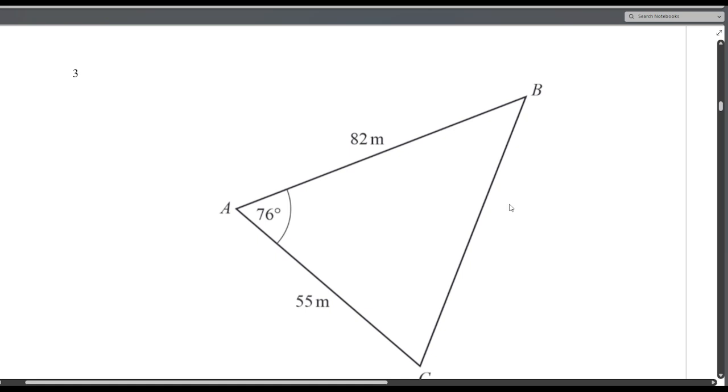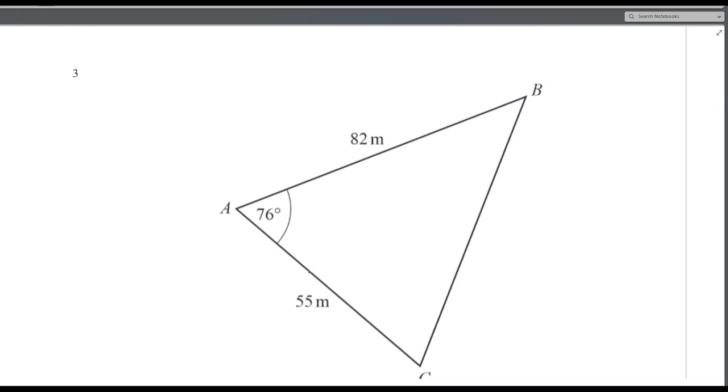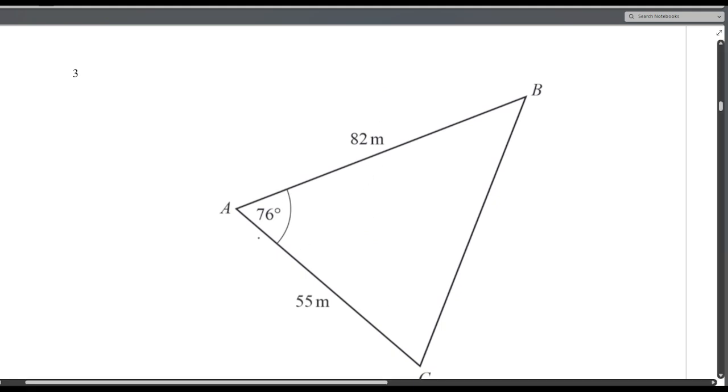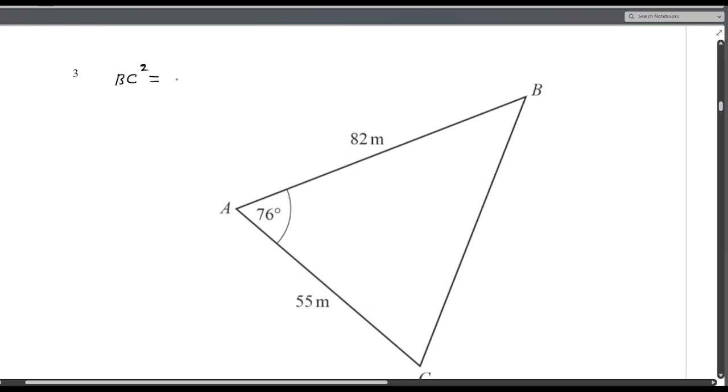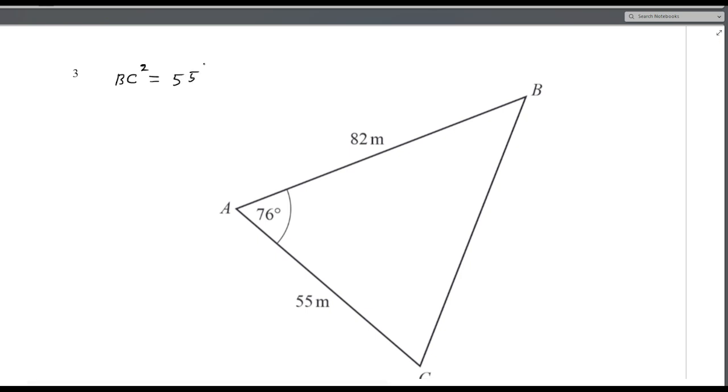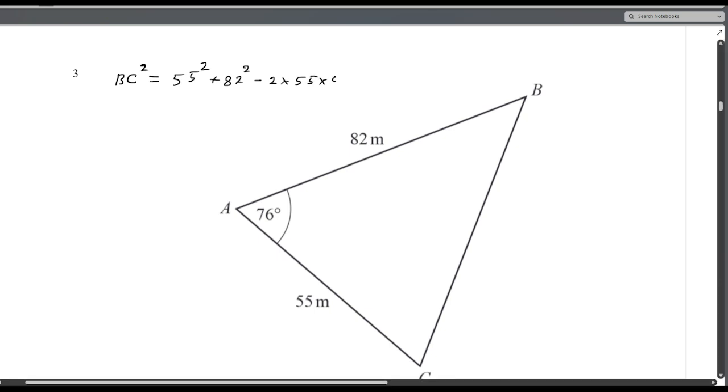Now you can see this triangle here. As I know two sides and one angle between them, I can use the cosine rule, and I can say that BC square will be equal to 55 square plus 82 square minus 2 times 55 times 82 times cos of 76.